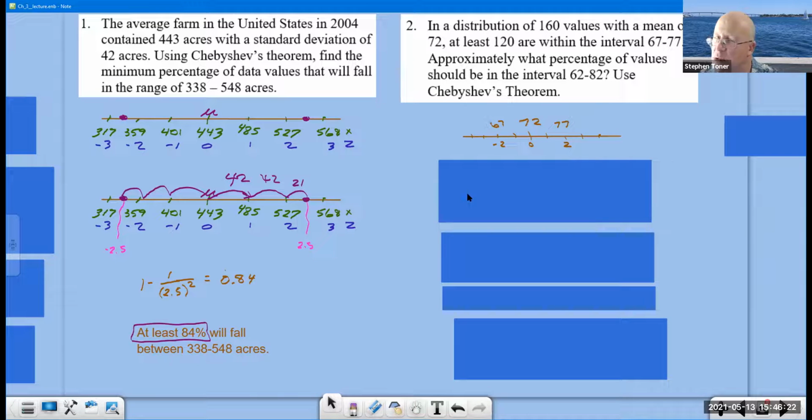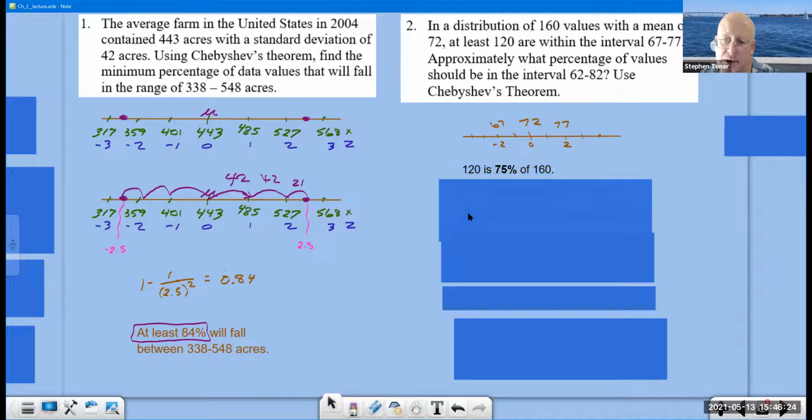Now, this one's a little bit more challenging. I'm going to tell you that 120 is 75% of 160. It's 3/4 of it. And then I know that 75% corresponds to 2 standard deviations. How do I know that?